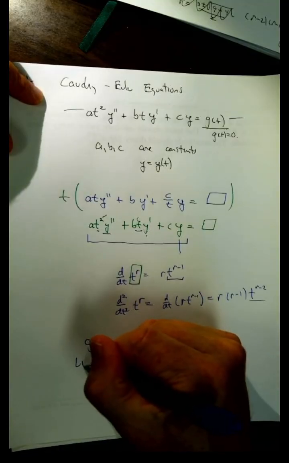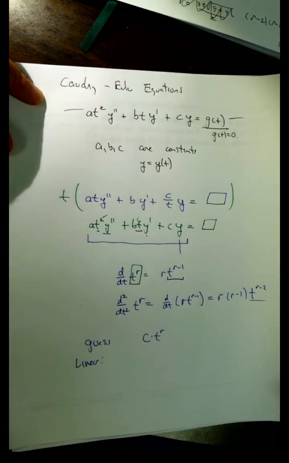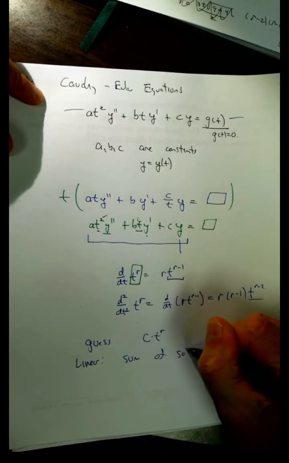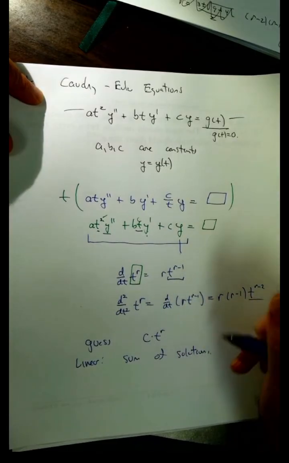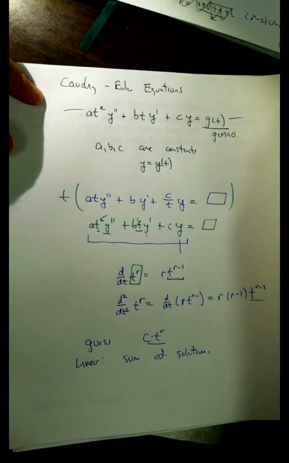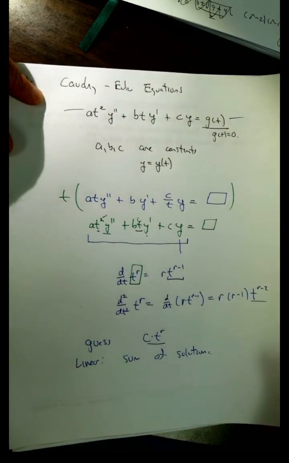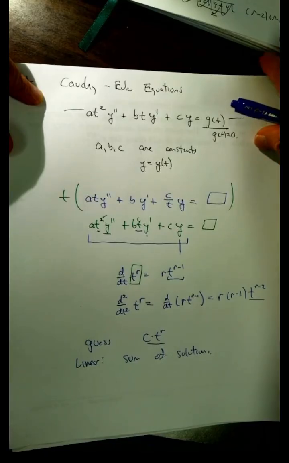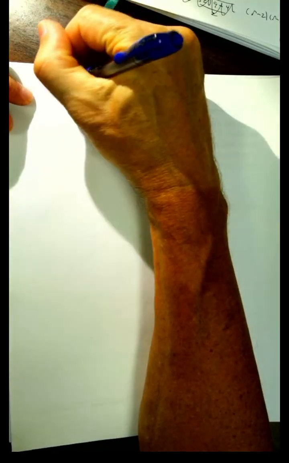But notice this is a linear equation, so we can take the sum of solutions, and just as before, we're going to get two solutions, and we can multiply those by a constant and add them together. So, here's what's going to happen. The first step is to recognize it's Cauchy Euler.